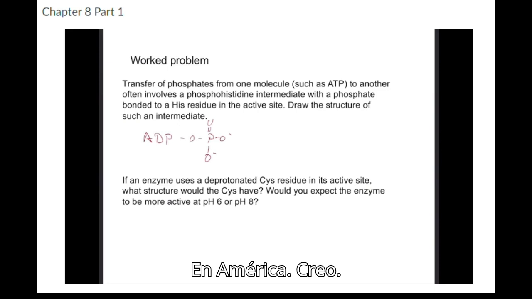And I'm going to take a histidine residue, and we're going to have nitrogen, and I'm going to put my extra lone pair of electrons on this side. Sorry, meant to put the double bond there. What's going to happen is we're going to do an attack from the nitrogen to the phosphorus, and then we're going to be breaking that bond.